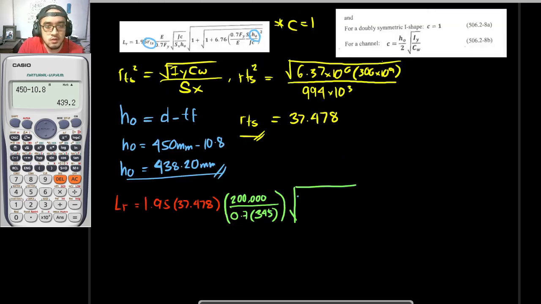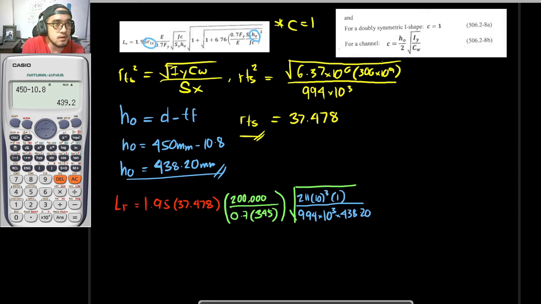So 211 times 10 raised to 3 times c, and our c here would be equal to 1, divided by Sx, so 994 times 10 raised to 3 times ho, and our ho once again is equal to 438.20. So times 438.20.